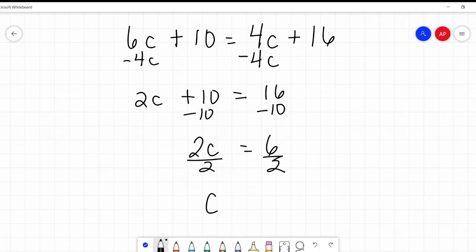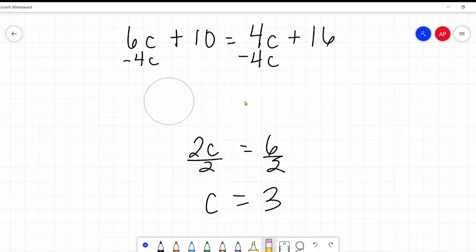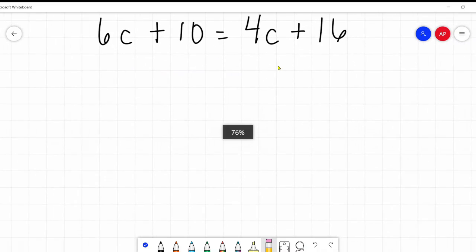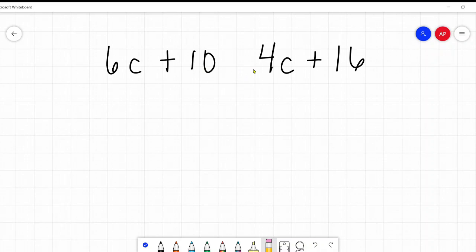I have c on the left, and 6 divided by 2 is 3. Okay, hopefully that looks very familiar, because now we're going to do the same problem, but with one little extra wrinkle. I'm going to change this to less than.